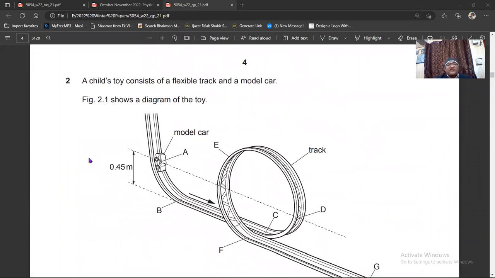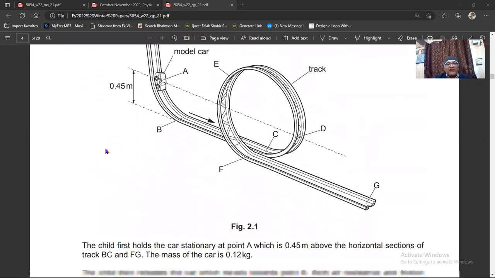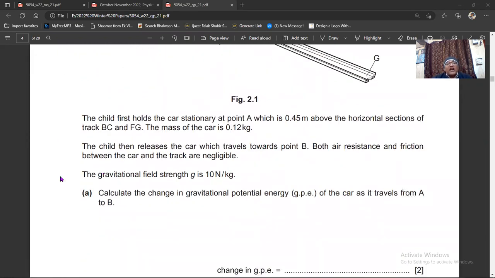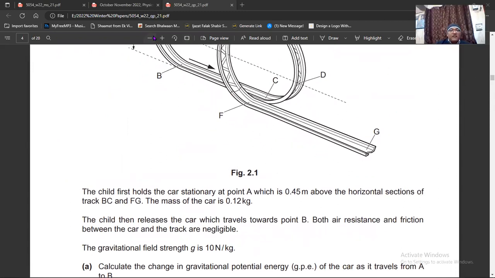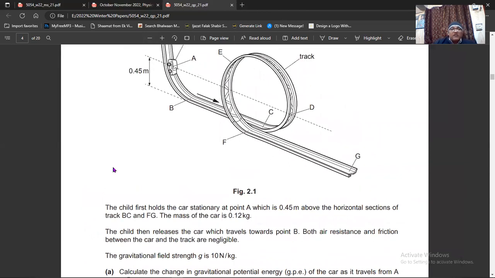Question number 2, a child's toy consists of a flexible track and a model car. Figure 2.1 shows a diagram of the toy. So here we have that track and the toy car. The child first holds the car stationary at point A, which is 0.45 meter above the horizontal section of the track BC and FG.